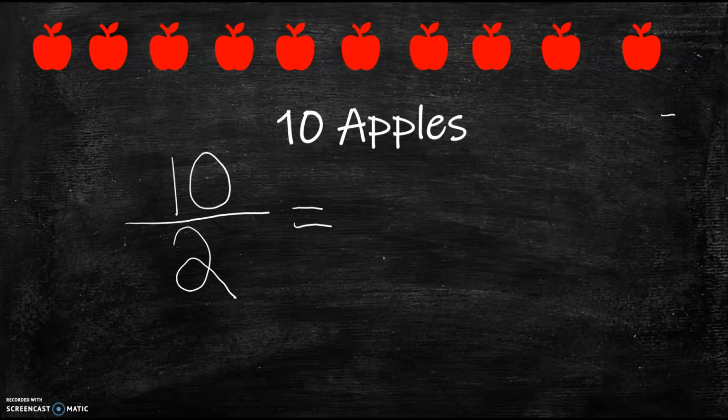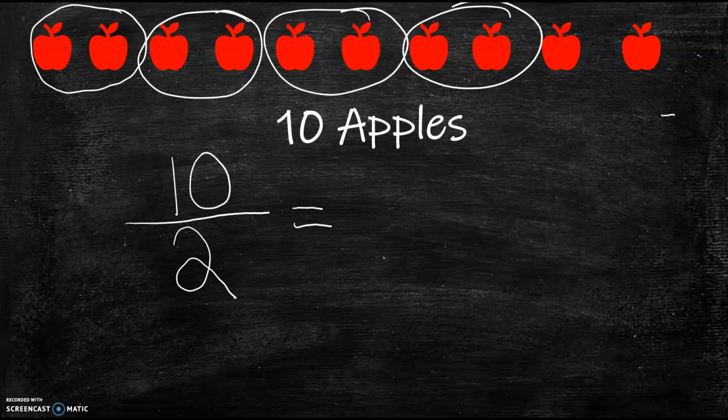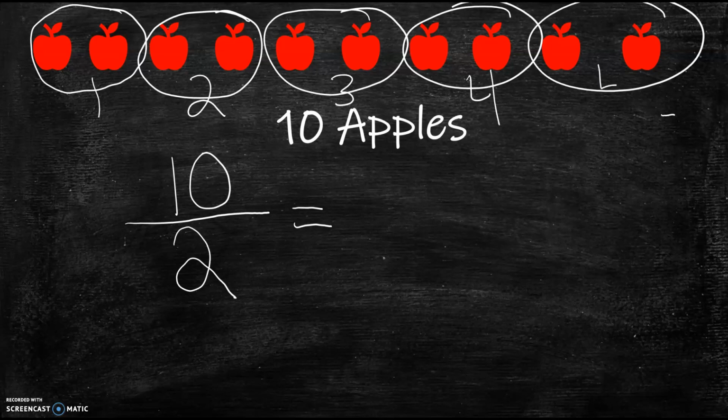So let's do it. 2 apples, 2 apples, 2 apples, 2 apples, and 2 apples. All right, I divided all my apples into groups of 2. Now, how many groups do I have? Well, I have 1, 2, 3, 4, 5 groups. So, 10 divided by 2 equals 5.